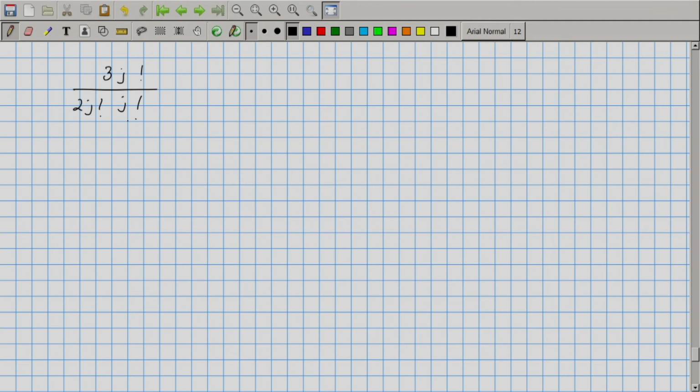So, (3j)! by (2j)! times j!. The divided-by-e we can ignore because the same number of e's comes in the numerator and denominator.